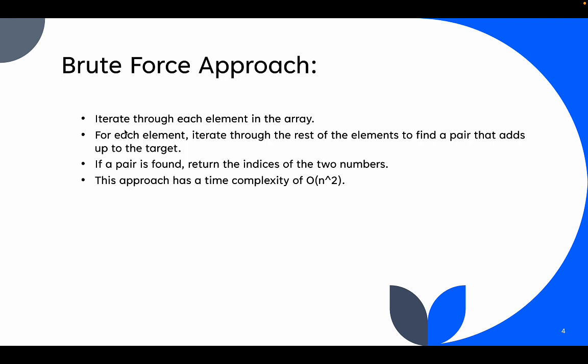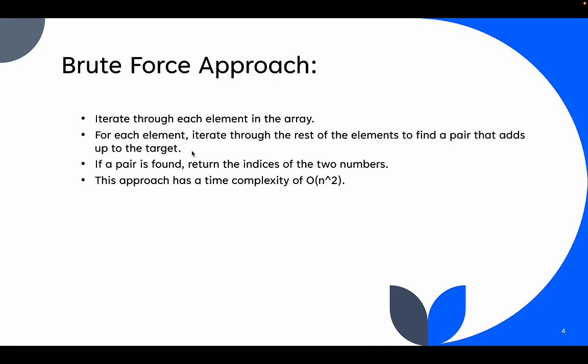So for our approach, we have two approaches today. The first one is the brute force approach. Brute force refers to a straightforward and exhaustive approach to problem solving. It involves trying all possible solutions systematically until the correct one is found. So in this case, the brute force approach involves iterating through each element in the array and checking if there is another element in the array that when added to the current element equals the target value.